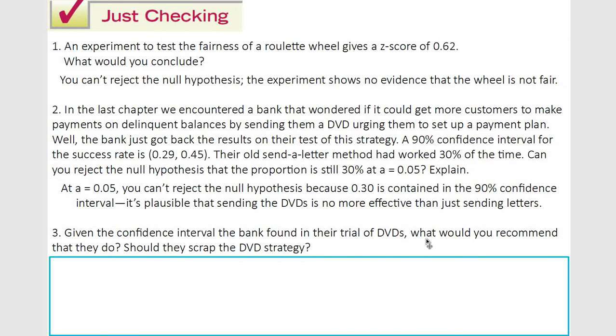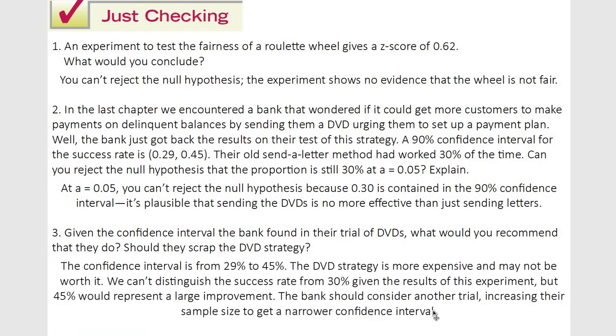So given the confidence interval found in their trial, what would you recommend that they do? Okay, well, yeah, I would scrap it because it's probably more expensive and it's not really worth it, right? We can't distinguish the success rate. Yeah, I wouldn't just go off this one trial, because if we had gotten an interval of 45%, well, that'd be better than 30%.